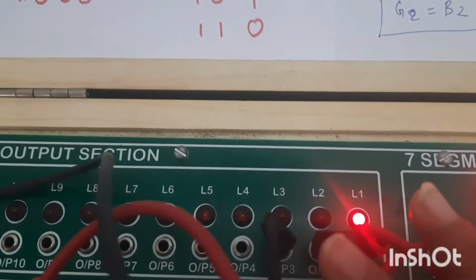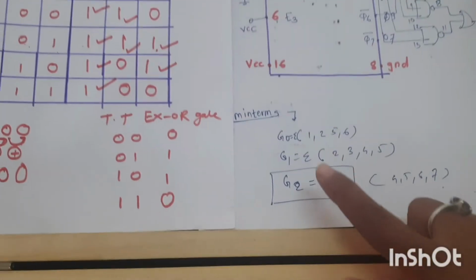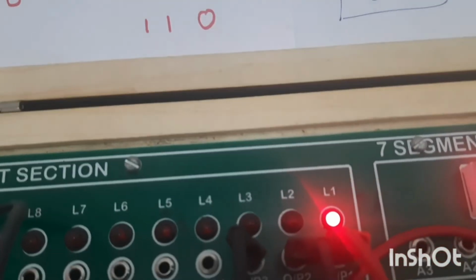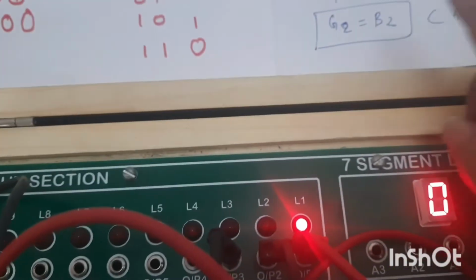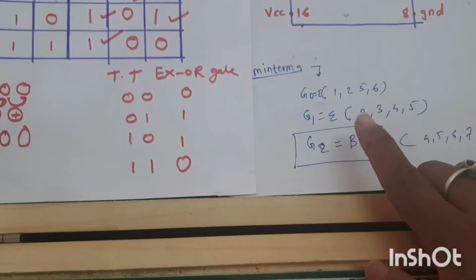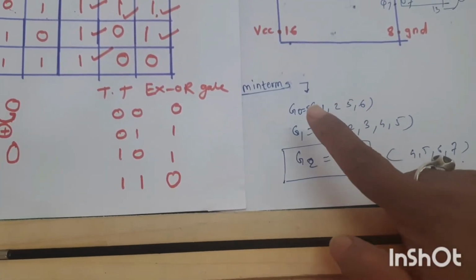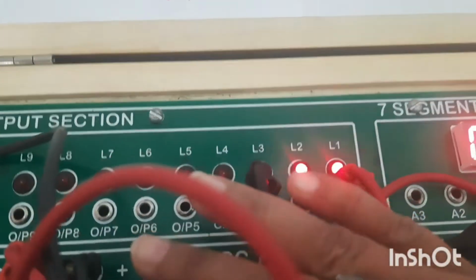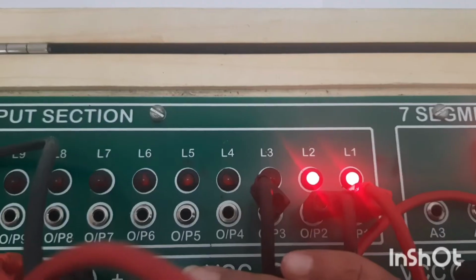Just give input 2 and you can see G0 and G1 blinked.